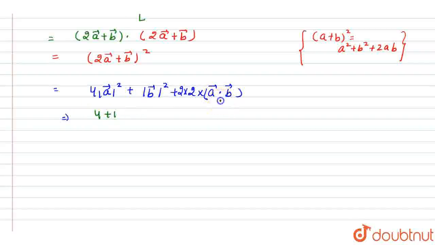The a vector dot b vector value is equal to 0, which we found above, so plus 0. This value is equal to 5. This is the answer: 5.